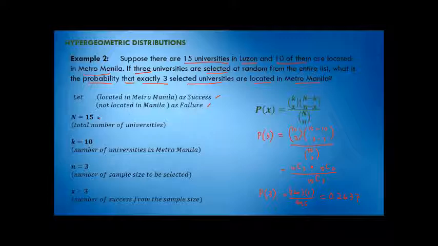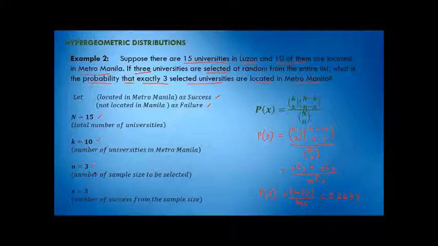Okay? Next, number of universities in Metro Manila is K kasi doon manggagaling yung hinahanap nating exactly 3. So we have 10 universities located in Metro Manila. And then ilan ang i-draw or isa-select? That is the sample size.